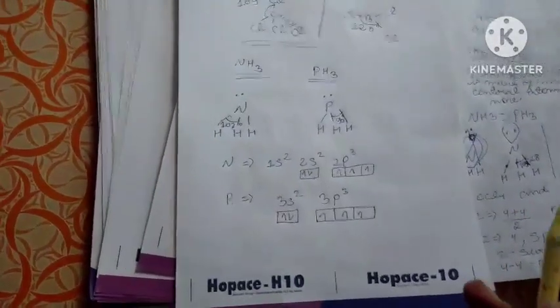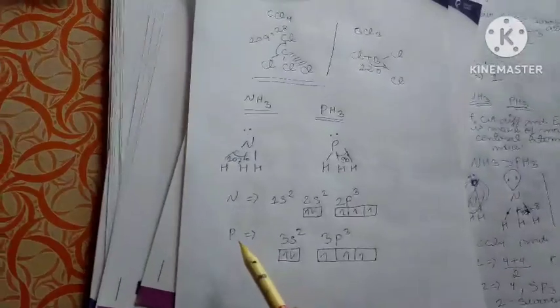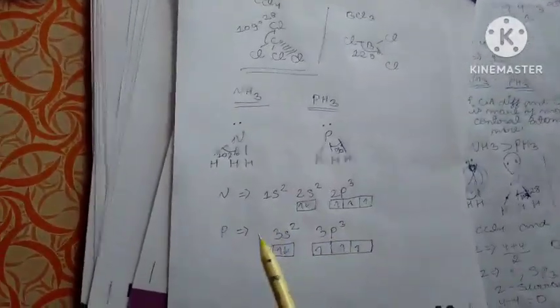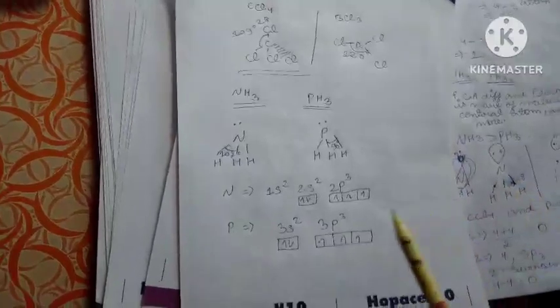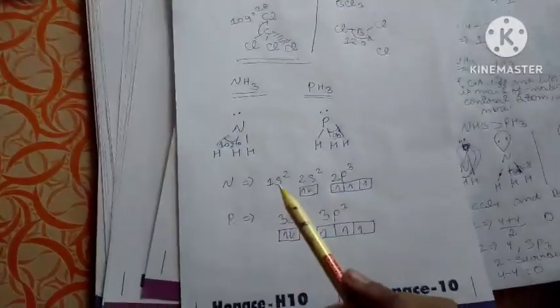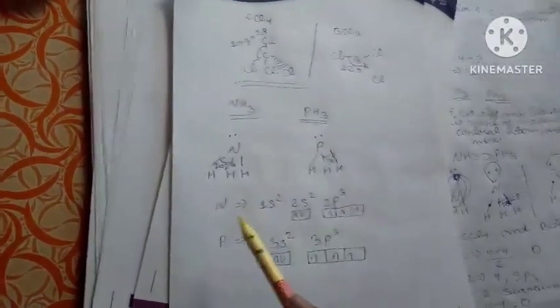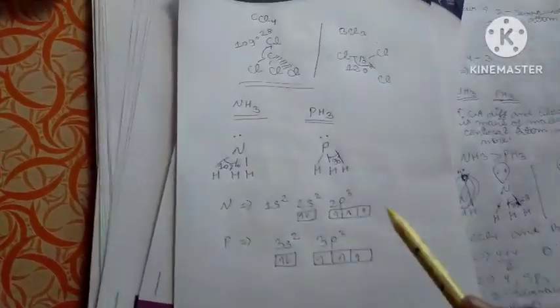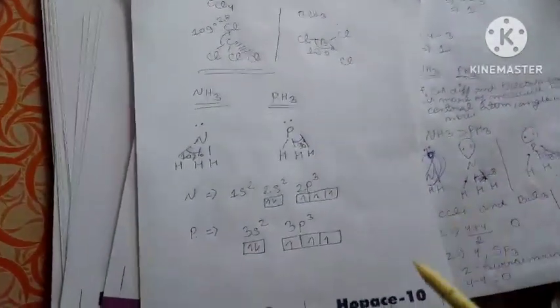As I have also told earlier, the angle will be decided on the basis of the electronegativity of the atom. Here the electronegativity of nitrogen is greater than that of phosphorus, because as we move down the periodic table, the electronegativity decreases. Nitrogen comes in the 15th group, and as we move downward the electronegativity decreases.